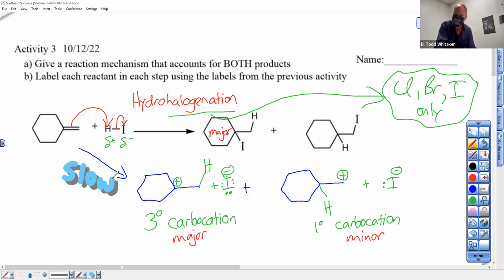Can you tell me why these species are unstable compared to the original species? The structure, yes. What about the structure? No, they're both very unstable regardless of tertiary or primary.